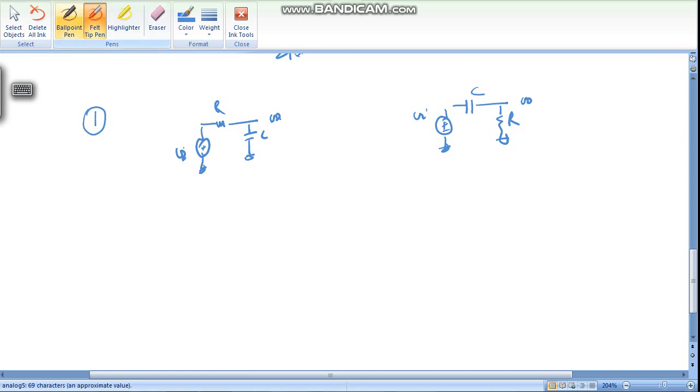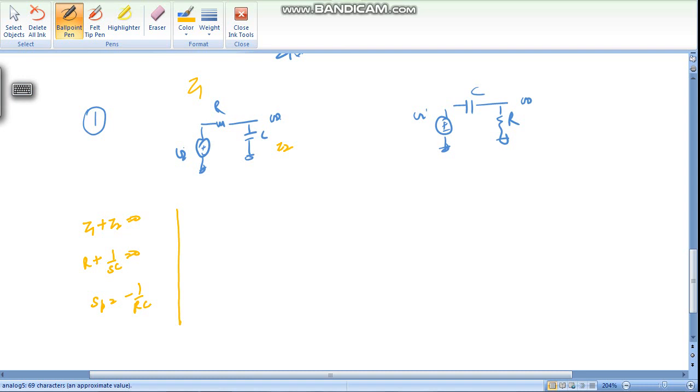We have seen that there are two ways. One way: this is Z1, this is Z2, and Z1 plus Z2 equals 0. So R plus 1 by sC equals 0, so sp equals minus 1 by RC. This is one way of finding the pole.